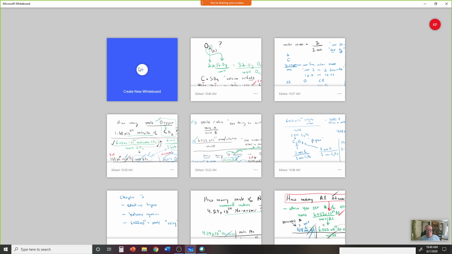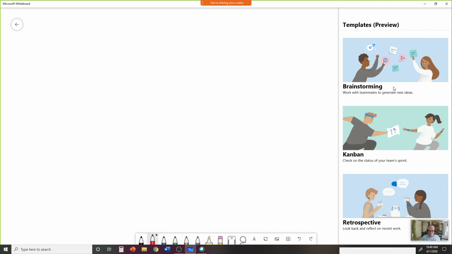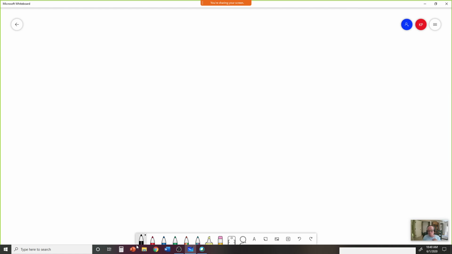So let's go back over here and do some molar mass exercises, and then we're going to put it all together into one big equation. So we have molar mass, and the molar mass is grams per mole, and we're going to get the grams from the periodic table.